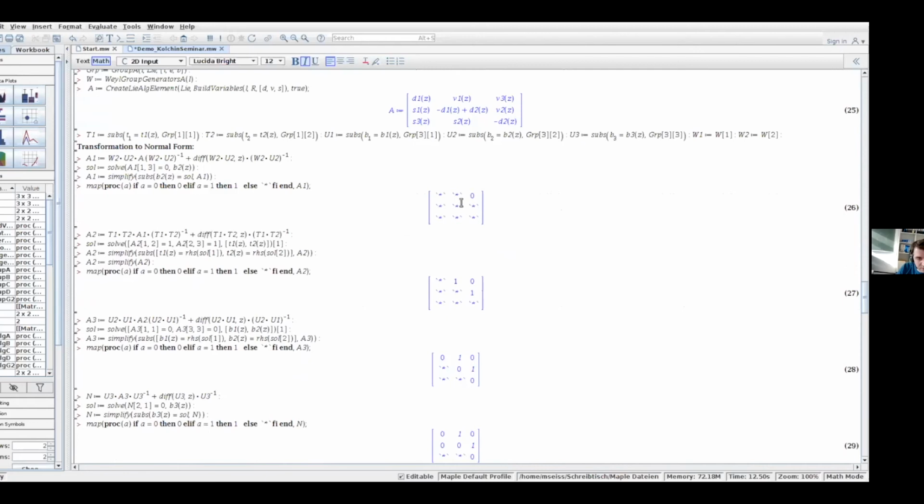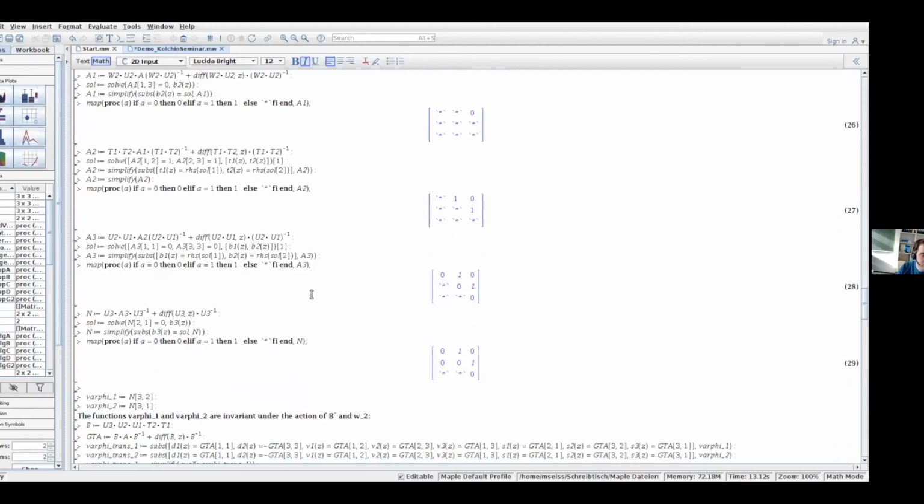Next is to normalize the entries corresponding to the simple roots. We do this. And here we need to solve polynomial equations of higher degree. And we get this matrix.